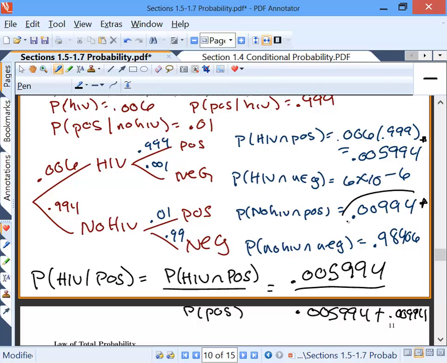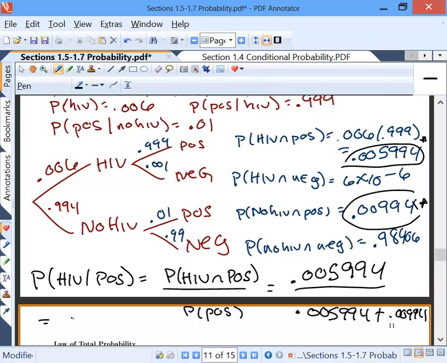I just added up the two probabilities that had a positive. So 0.376.